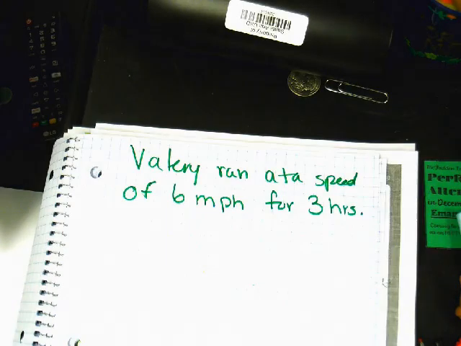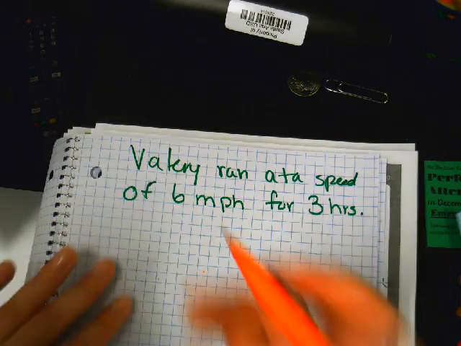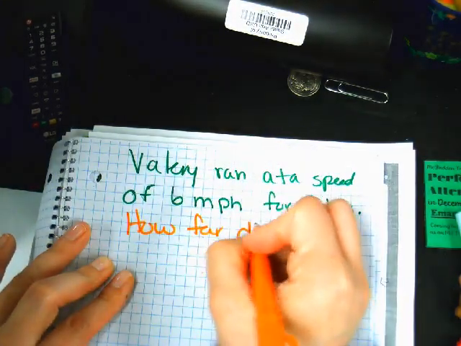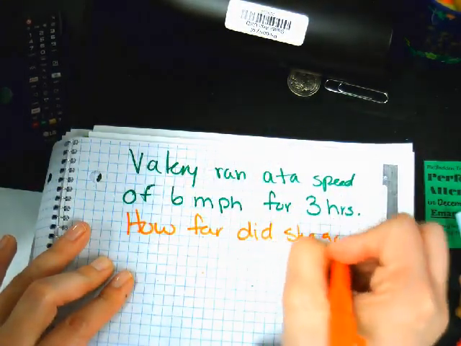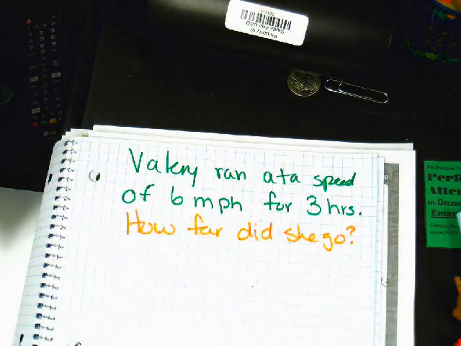Okay, Valerie ran at a speed of 6 miles per hour for 3 hours. Wow, she must be tired. What kind of question am I going to ask you? How far did she go? Okay.